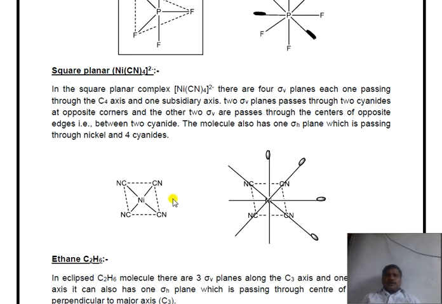Square planar molecule: this also has a C4 axis of symmetry passing through nickel, and all atoms are present in the plane. The C4 axis is perpendicular to the plane, so there is a plane of symmetry perpendicular to the principal axis, a sigma h, and also different sigma v's which are parallel to the principal axis C4, like this.